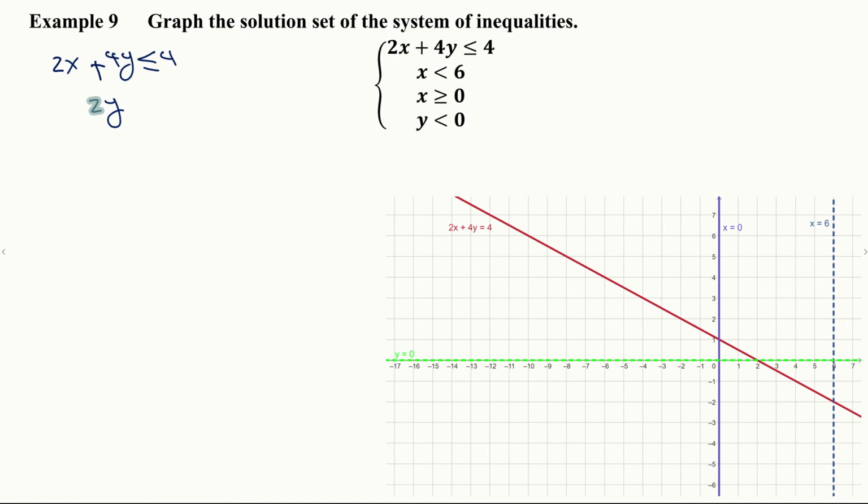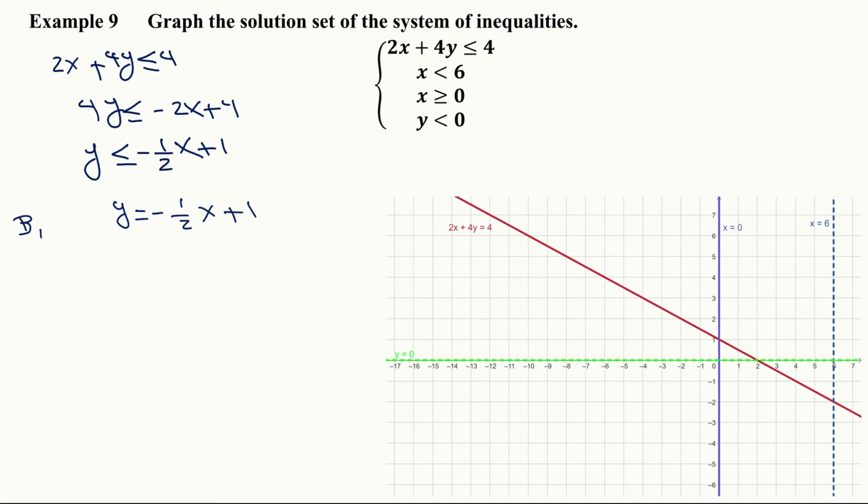So 4y is less than or equal to negative 2x plus 4. So y is less than or equal to, now we're going to divide both sides by 4, right? So we get negative 1/2 x plus 1, correct? So the boundary graph associated with it will have equation y equals negative 1/2 x plus 1.